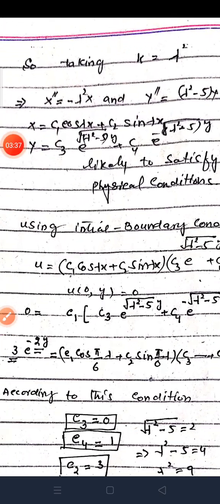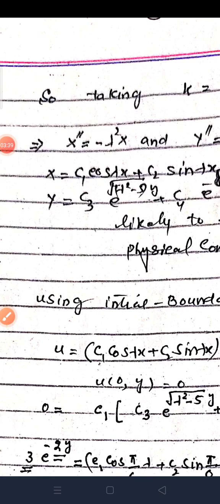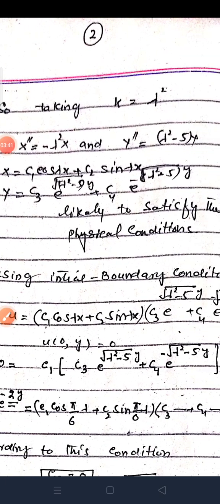Now solving k is equal to lambda square. We know that this is a second order ordinary differential equation and D square is equal to minus lambda square. Taking root on both sides, D is equal to plus minus lambda i.